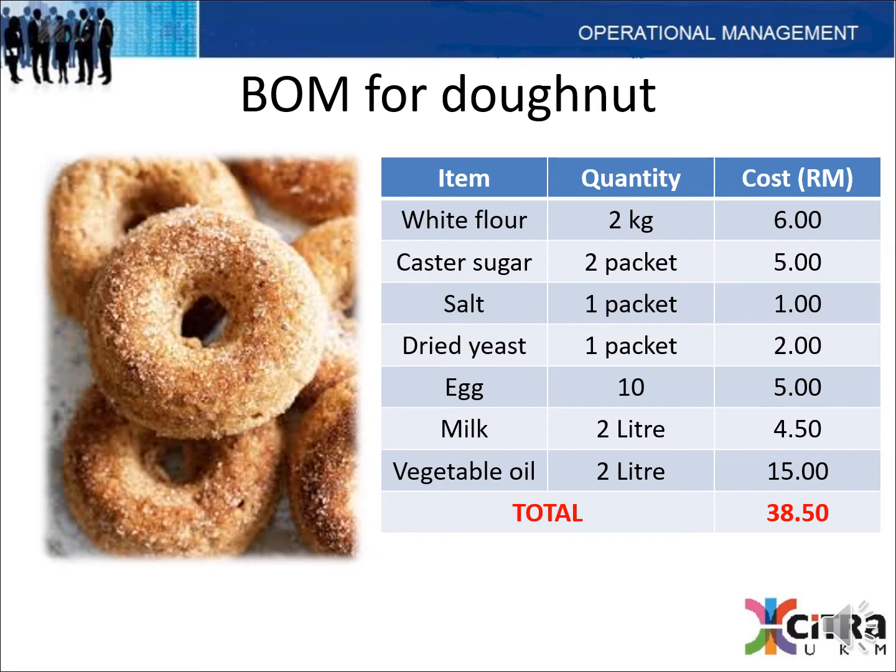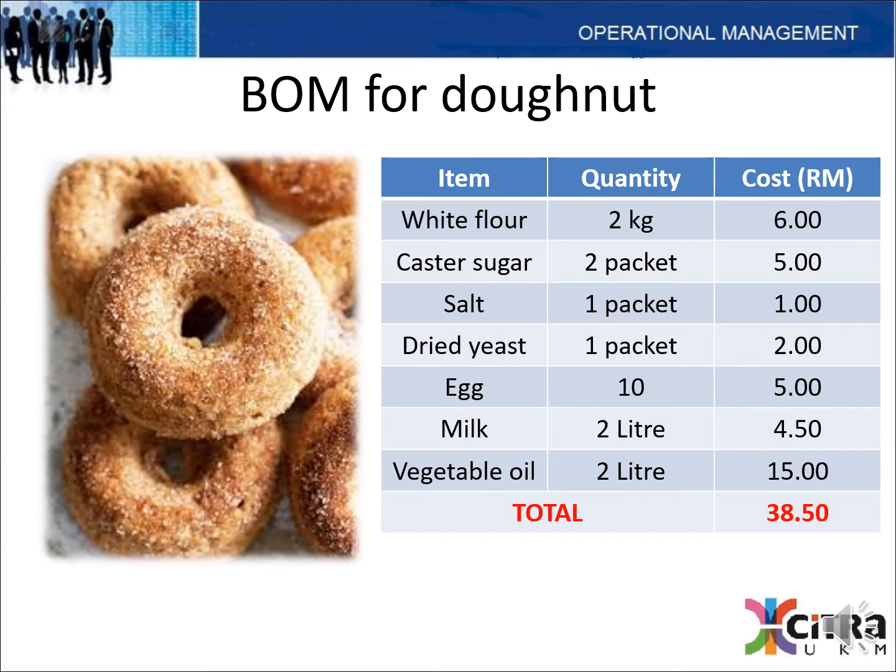Now the second example is the BOM for donuts. You need items like white flour, caster sugar, salt, dried yeast, egg, milk, and vegetable oil. The white flour you will need is 2 kilos, and I believe 2 kilos will give you maybe 100 donuts. The cost will be 6 ringgit.